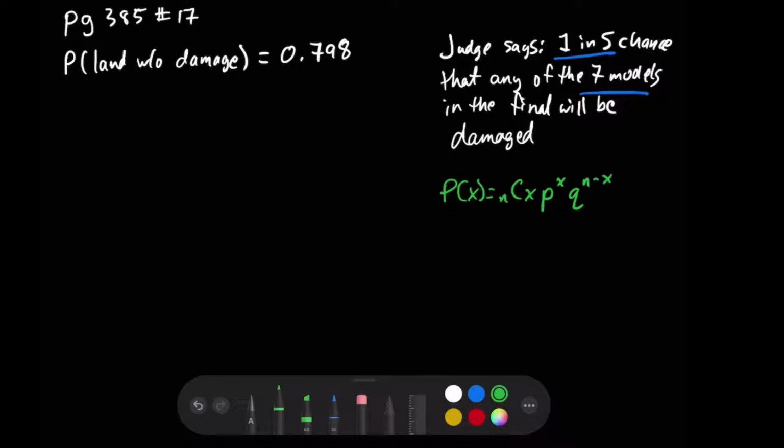Let's define our variables. n is our number of trials, and there are going to be 7 trials. x is our number of successes. And the judge says there's a 1 in 5 chance that any of the 7 models will be damaged. So any just means if there's 1 damaged.